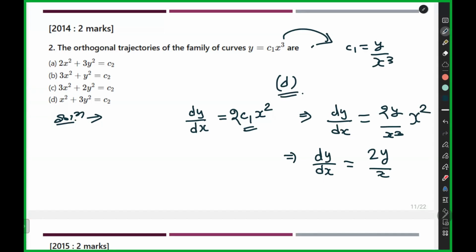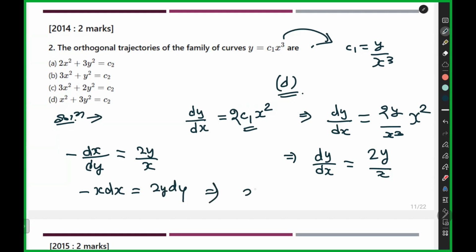To find the orthogonal trajectory, you have to replace dy by dx by minus dx upon dy. In the next step, here you get 2y by x with minus x dx, 2y dy. It is nothing but square by 2 minus of y square plus, it is plus.